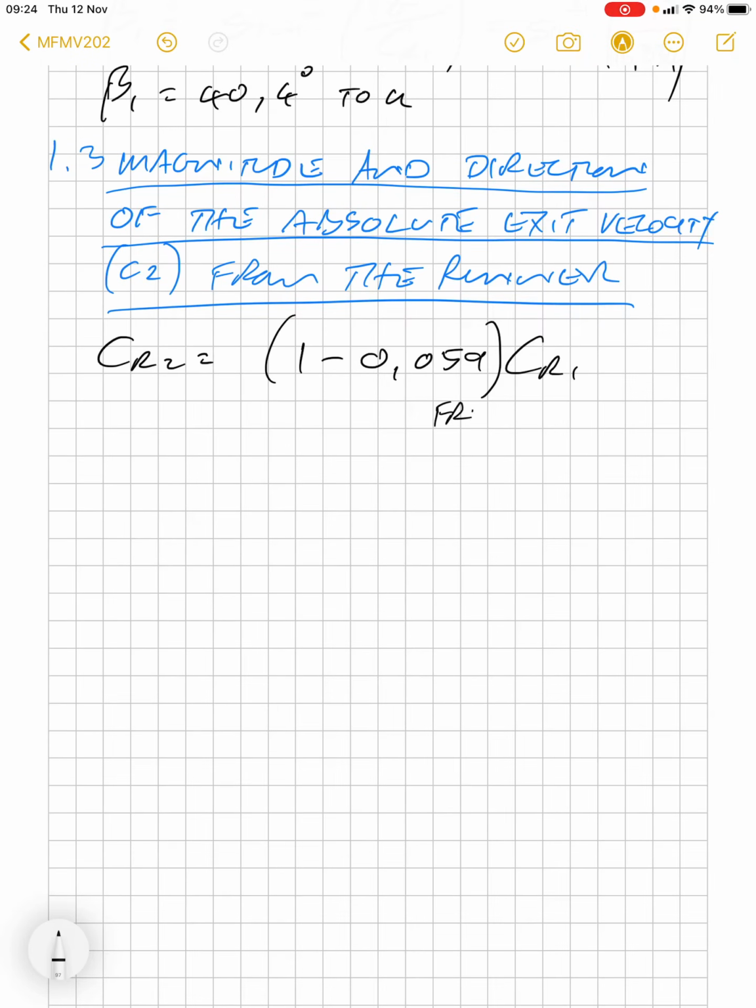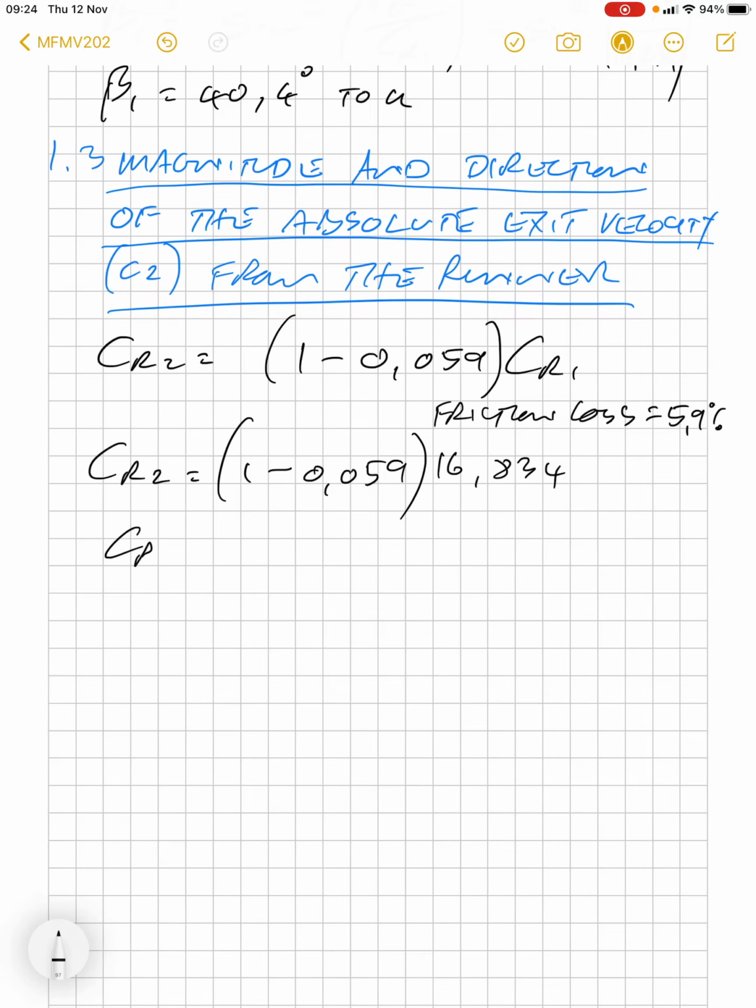Let's do the friction loss, which is 5.9%. Alright, so we're just reducing the inlet velocity by 5.9% to find the exit velocity. It's 1 minus 0.059 times 16,834. CR2 then is 15,84 meters per second.